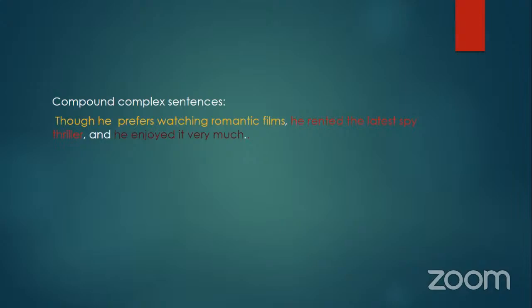So, he prefers watching romantic films. What comes next? We can put a comma. He rented the last spy thriller. It's complete, an independent one that can stand alone. And then we connected it with another one, and he enjoyed it very much. It's also an independent one. So when we connect two independent clauses with one dependent clause, this makes it a compound-complex sentence.